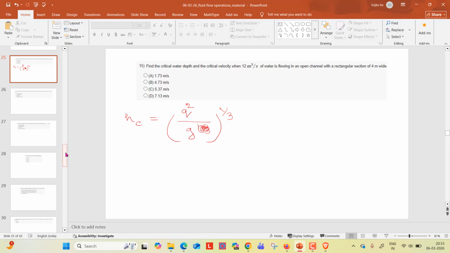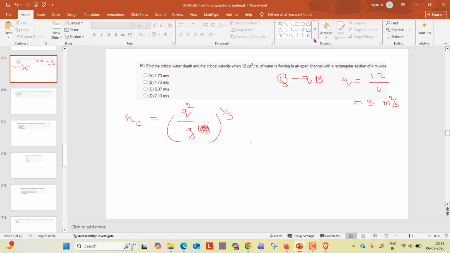Q we have known earlier that capital Q equals to q into width. So q will be 12 by 4, that is 3 meter square per second. It is meter cube per second divided by meter, so it is meter square per second, right?